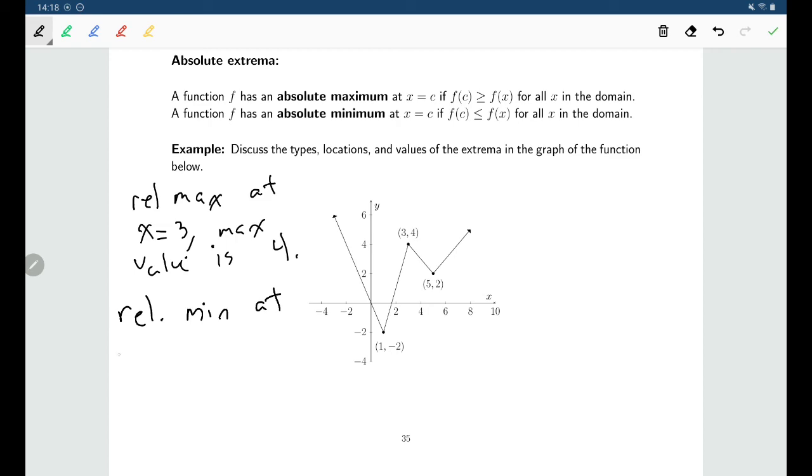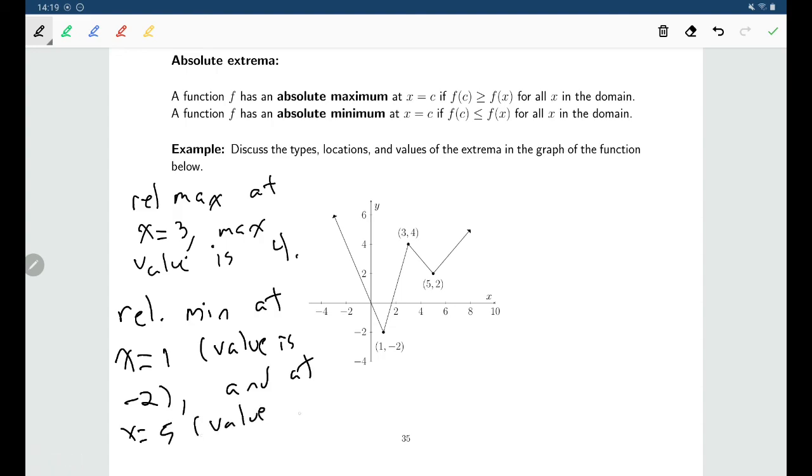One of them at x being 1, and for that one the value is negative 2. And the other one happens to be when x is 5, and the value for that is positive 2. So that would be the relative max and the relative min.